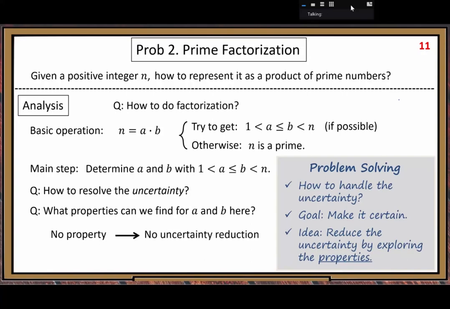That means you have no uncertainty reduction. Then you need to try all the possibilities. You cannot miss any possibility; for each one, you need to do one experiment, test it and see if it works or not. So you need to do a large number of experiments. That's the difference.